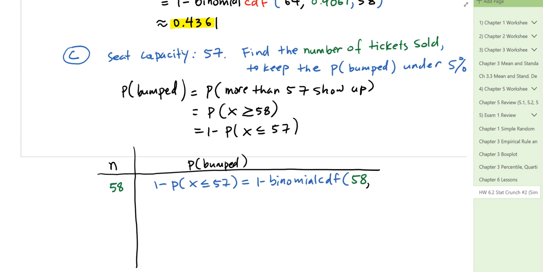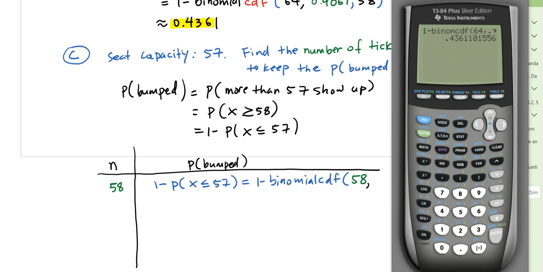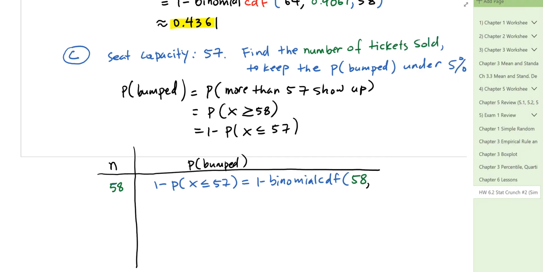And my probability of showing up is 0.9061. I want x less than or equal to 57, okay? So type in your calculator: 1 minus binomial CDF of 58, comma, 0.9061, comma, 57. You'll get the answer of 0.0033.